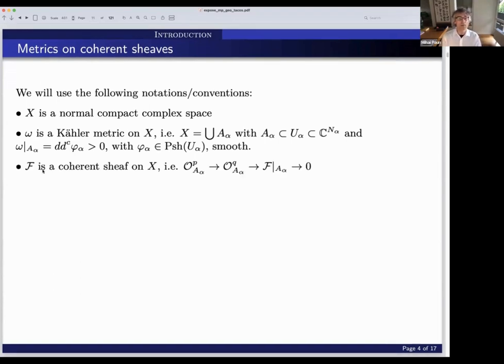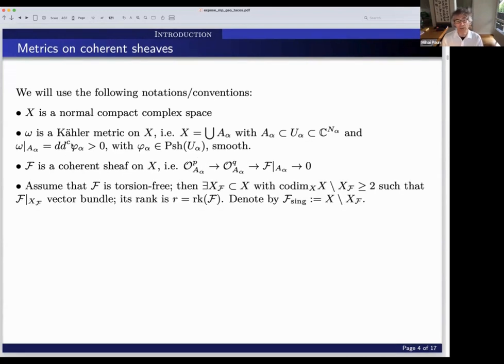Then if I give myself a coherent sheaf on X, then locally on these A alphas, I can write a short exact sequence like this. Those are powers of the structure sheaves. And then let's assume that F is torsion free.